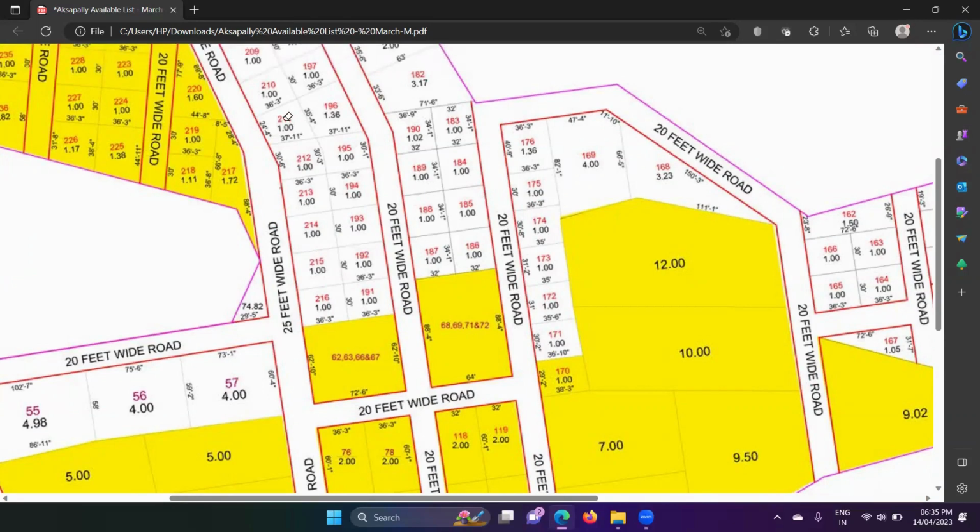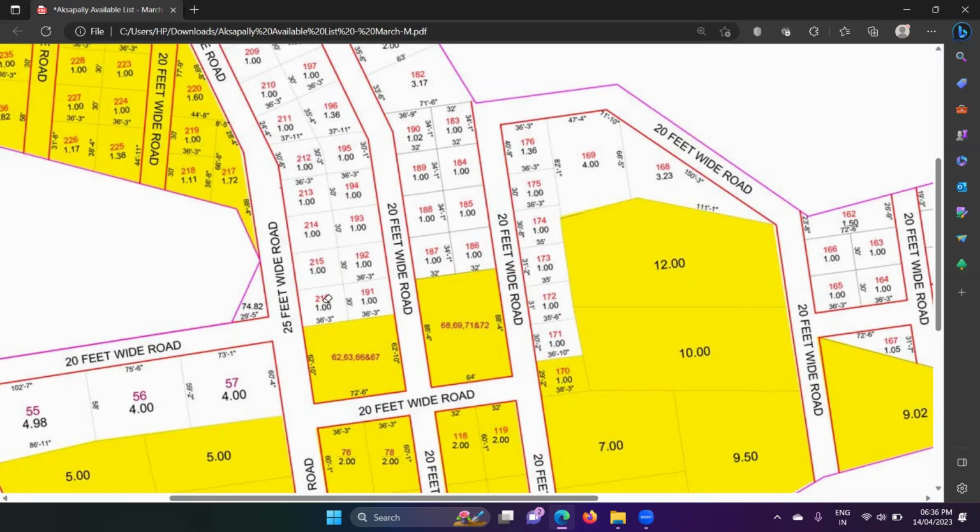What are the dimensions mentioned here? 30 feet by 36.3 feet, which means opposite directions are of equal size: east west is 30 feet, north south is 36.3 feet. So it is in a proper shape. So this property is good to buy. 214 is good to buy.